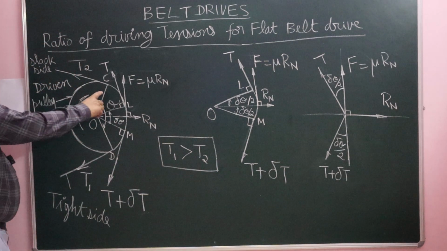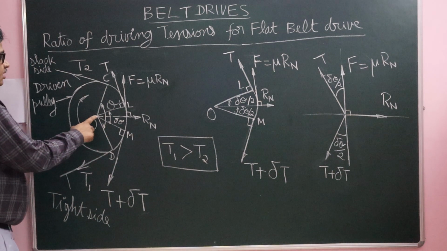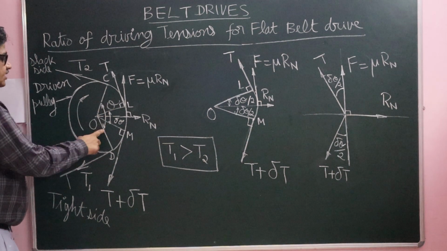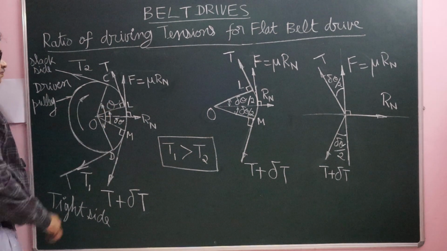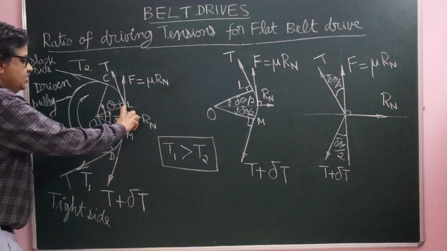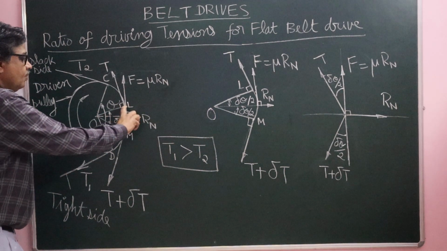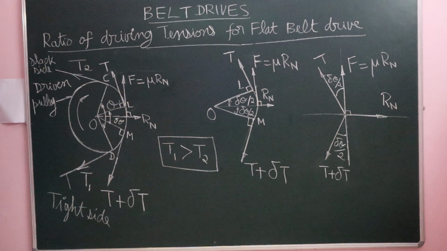Here you see this is the angle subtended by the belt at the center of the pulley. Theta is the angle, that is angle COD is theta. Now consider a small portion LM of the belt here.